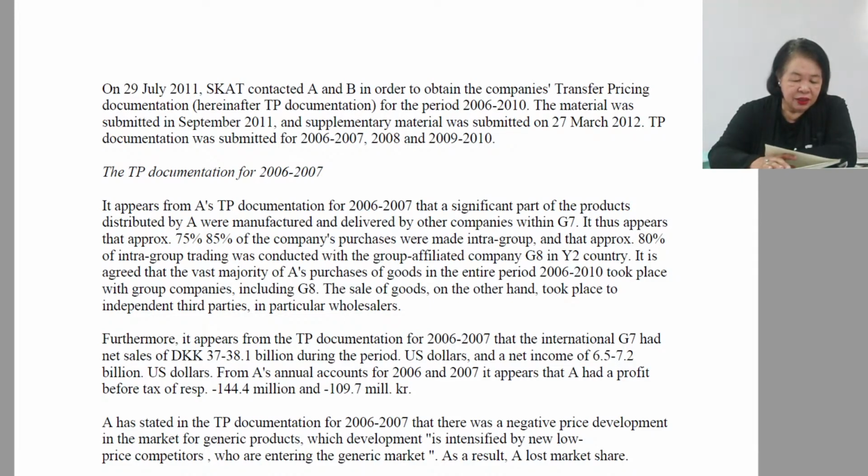Hereinafter, TP documentation for the period 2006 and 2010. No? So the material was submitted in September 2011 and supplementary material was submitted in March 27, 2012. No?